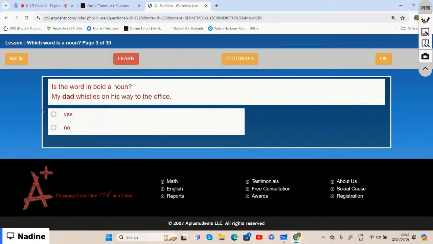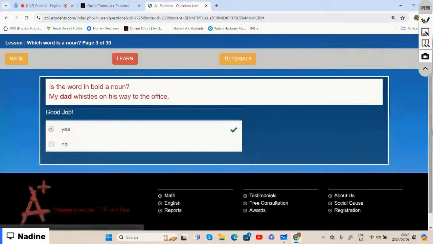The word dad. All right, so we can say the word dad, yes, we can say that is a noun. So which means that dad is a noun. So well done.